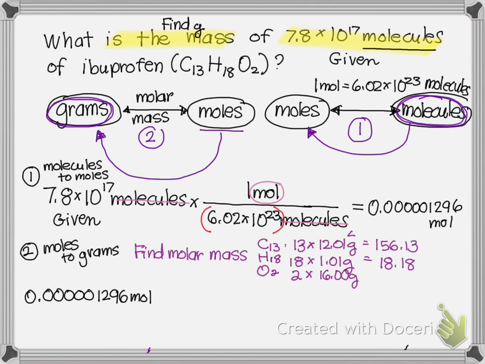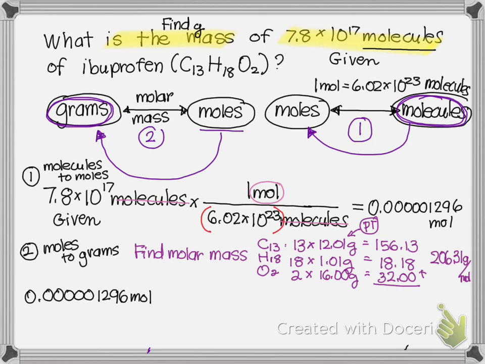All of these numbers are from the periodic table. Now we add them all together, and I get 206.31, and it's grams per every 1 mole.